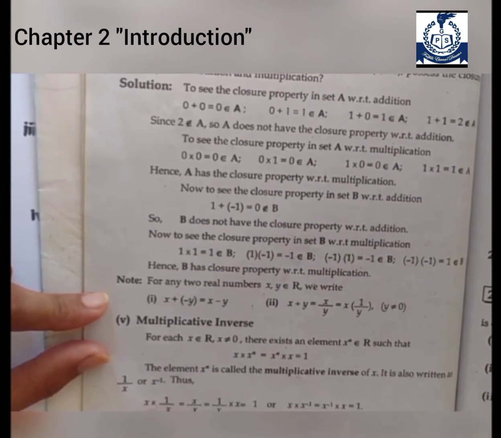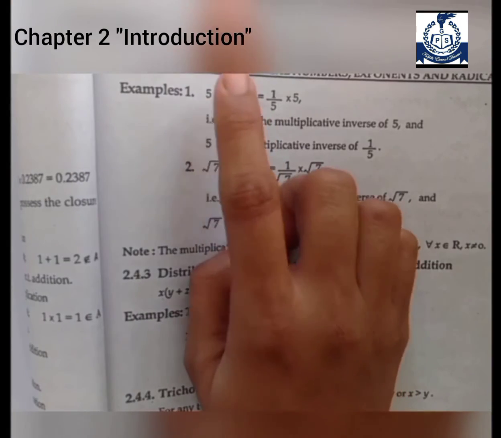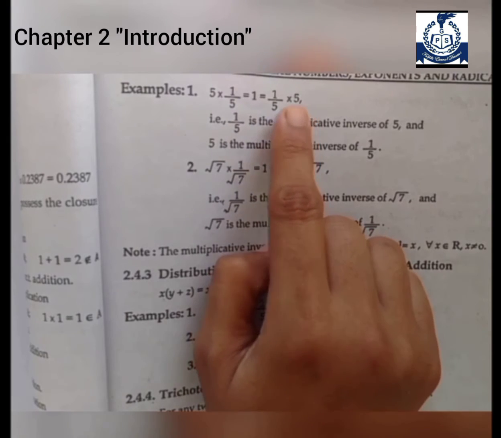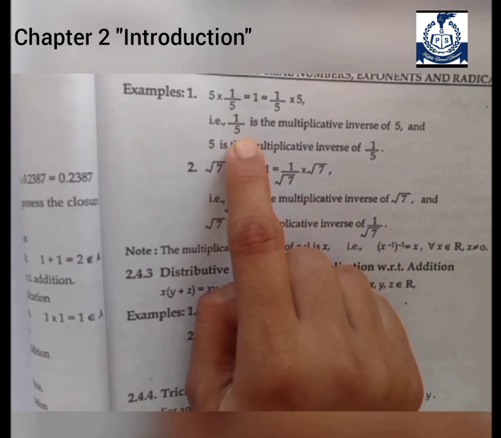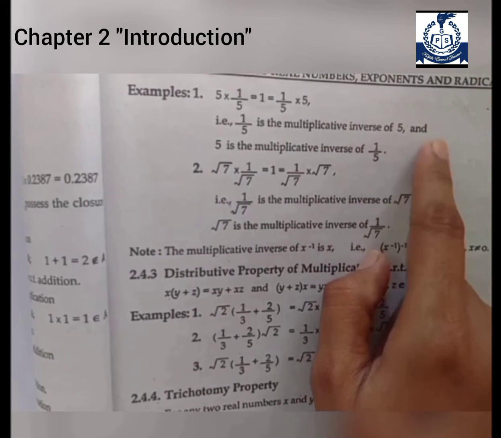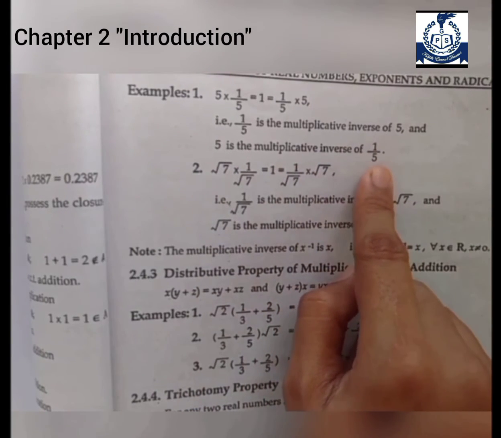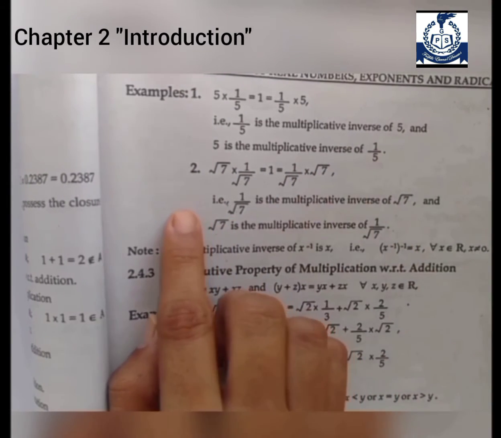It is also written as 1 upon x or x inverse. For example, 1 upon 5 is the multiplicative inverse of 5, and 5 is the multiplicative inverse of 1 upon 5.